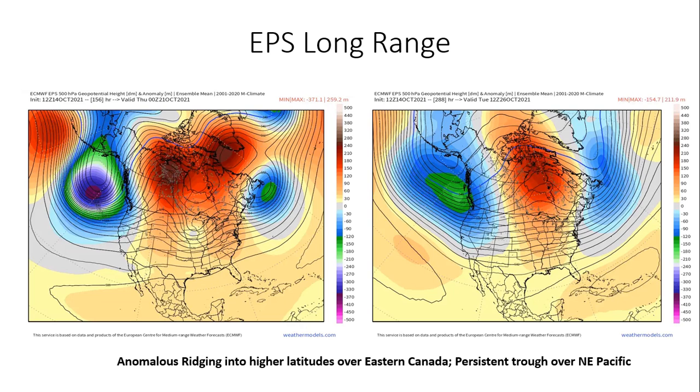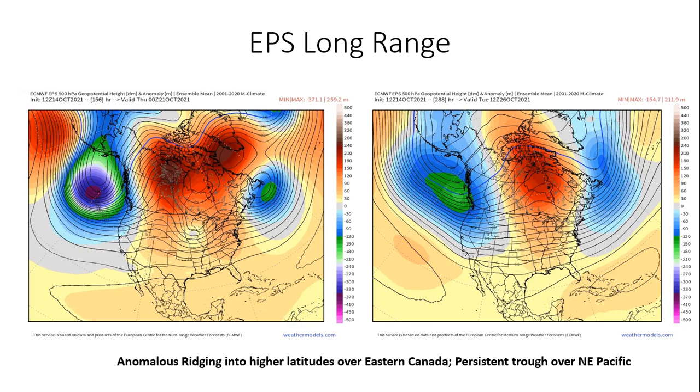We're looking at the European Ensemble prediction system, the 500 millibar geopotential height anomalies, in meters. And again, similar to the first slide I started with in tonight's video, the purples, the blues, the greens indicate troughs, and then that maroon orangish coloring indicates ridges.